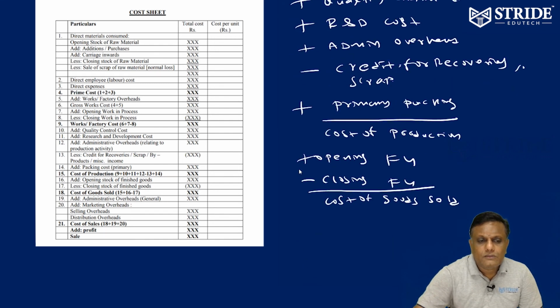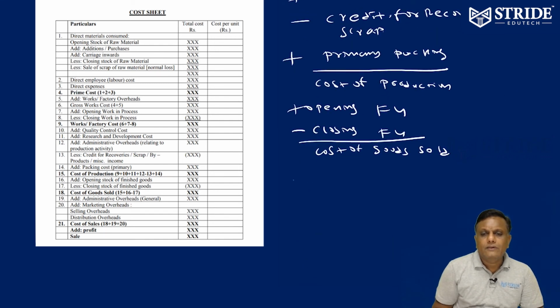To cost of goods sold, add administrative overhead. This is general, not related to production.